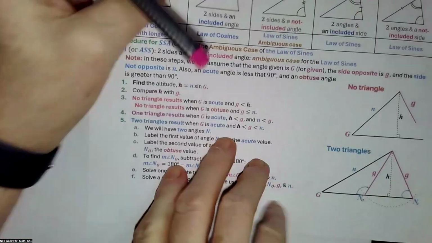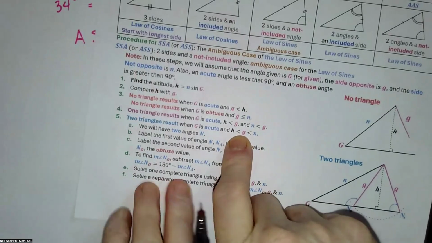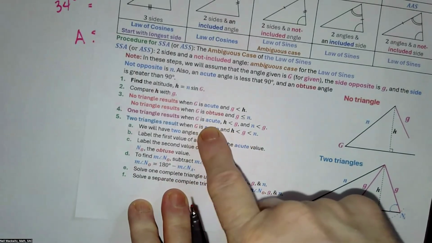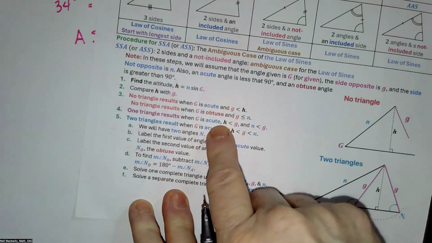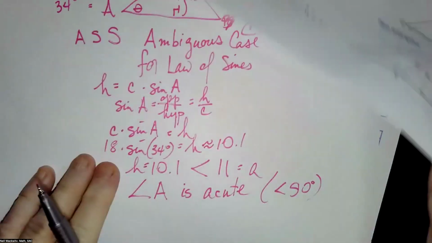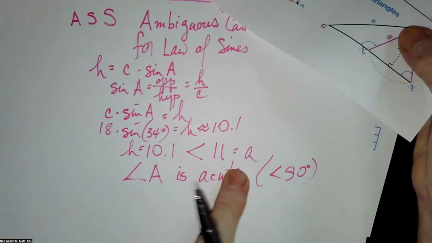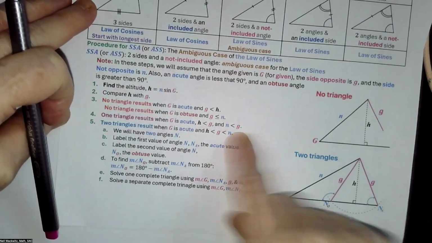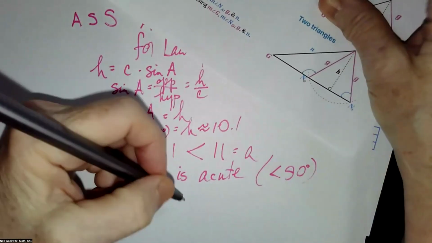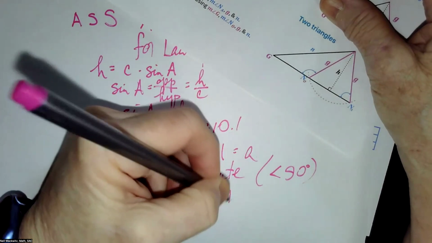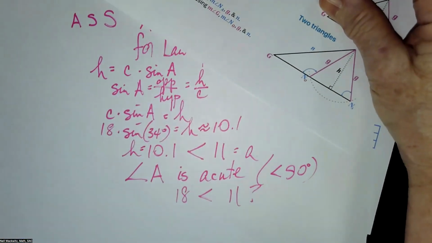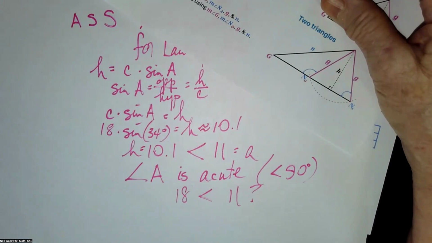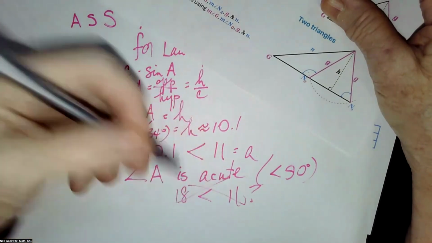Well, alrighty, so little a is having the role of this g. If g is acute, it is acute, and h is less than g, is h less than g? Yes. And is n less than g? Is 18 less than 11? No, it's not. Of course not.